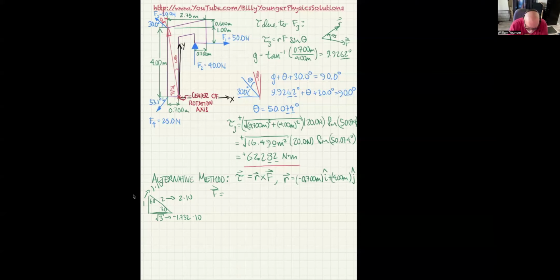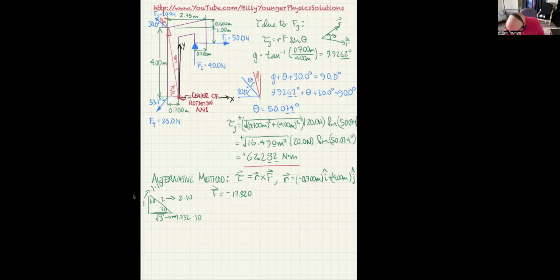So all I have to do is say, okay, the equivalent of that 20 newton vector is this 20 newton vector that has 1.732 times 10 as its x component, and 10 as its y component. So the x component is going to be a negative 17.320. Actually, I don't know what's after the 2 in the square root of 3, so let me check real quick.